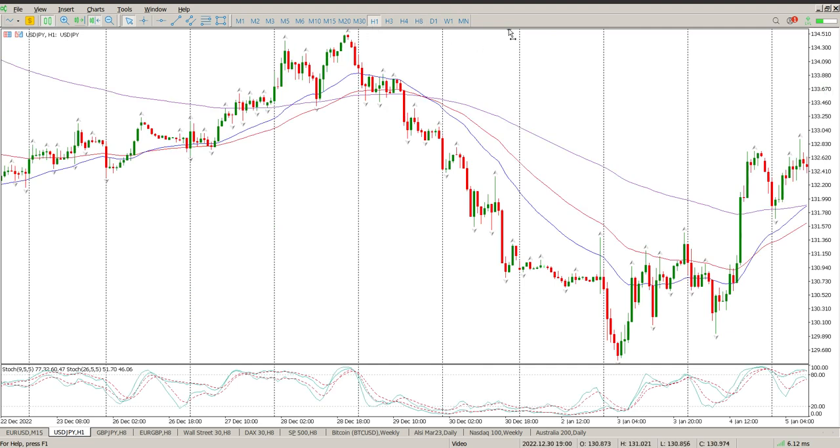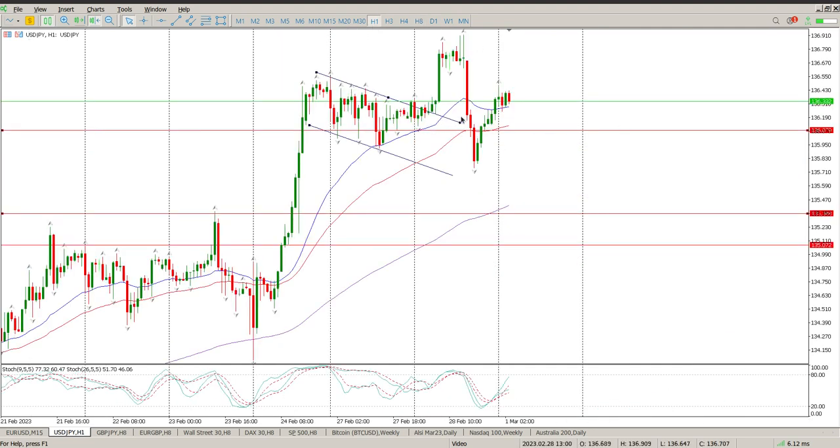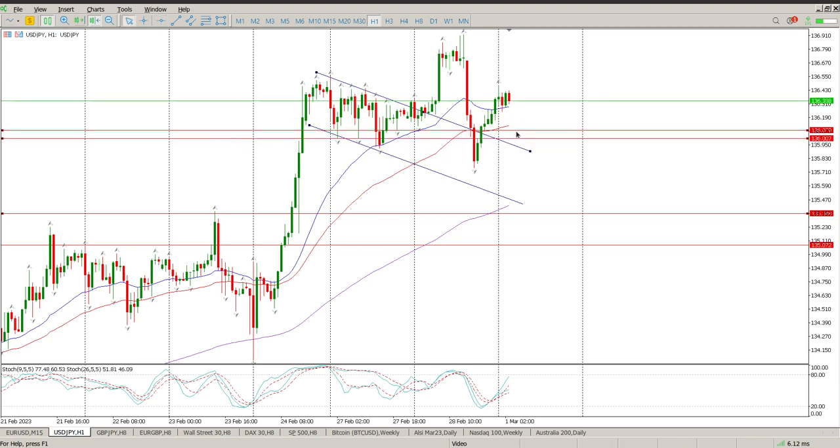So the structure here looks a little bit better, but again, if you look what happened yesterday, we broke the flag. We came back to test it, but we came back into the flag. So this level is still very much in play, and I'm just going to add a second one here. That's the zone. I want to see a pullback into this area. I want to see a support for a move to the upside.